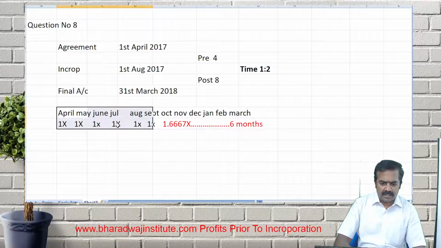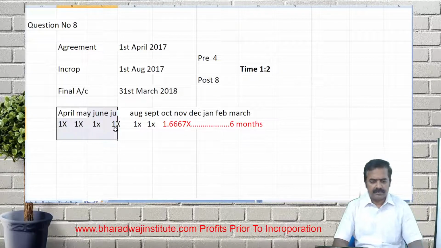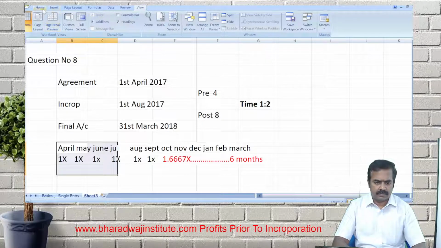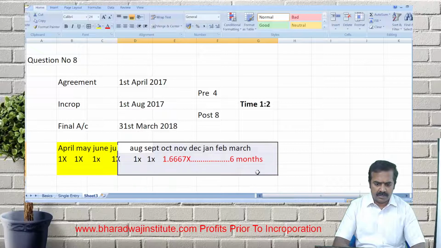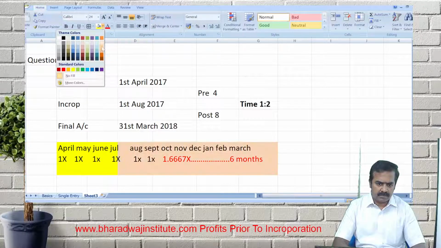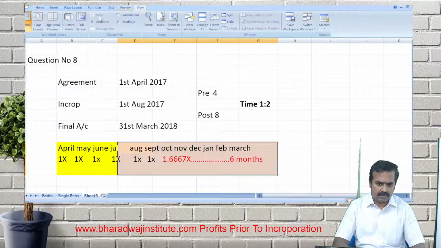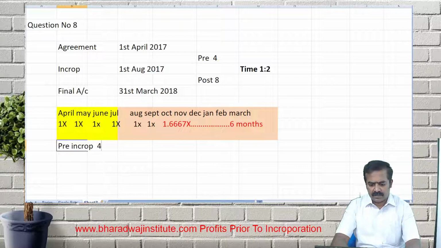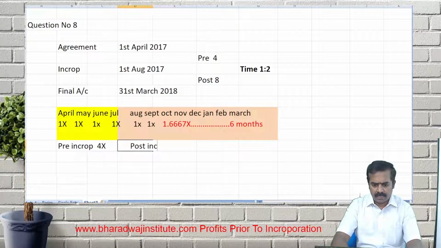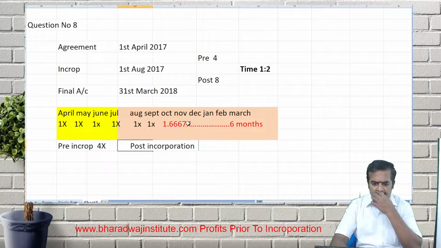So which period will come in pre-incorporation? This will come in post-incorporation. How much is pre-incorporation? 4x. Post-incorporation? 2x plus 1.667 into 6 months.